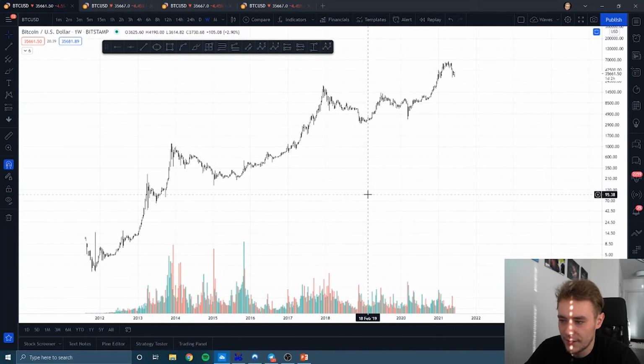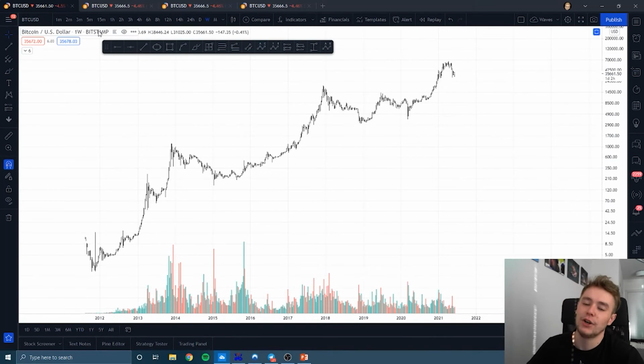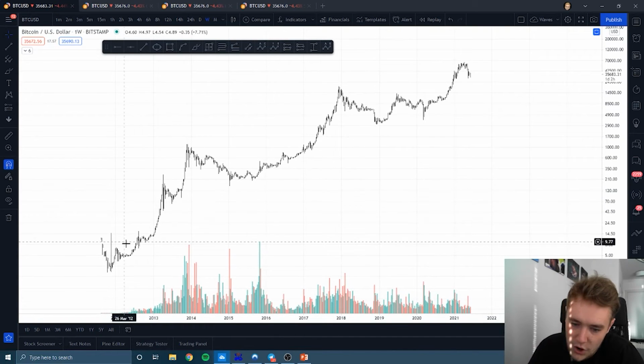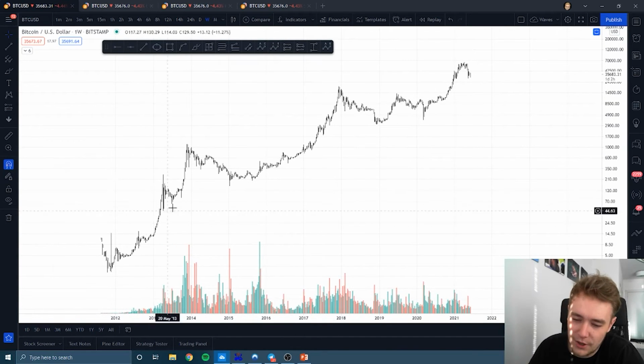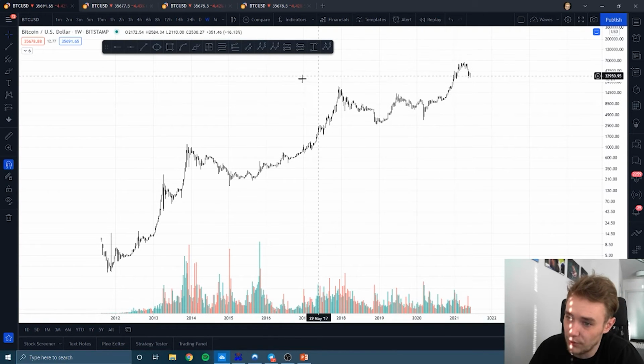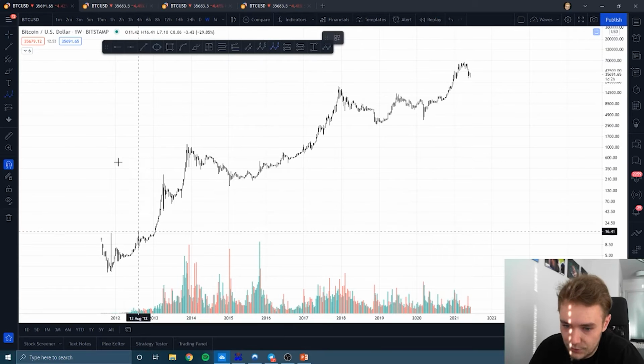So we're going to hop into the Bitstamp chart, just because it does have the most history on TradingView. And before even doing any wave counting or fitting any Fibonacci to the chart, what do we notice? We notice one parabolic leg, maybe not parabolic, I'll call this a bull market. We have one bull run, two bull runs, three bull runs, right? So what does that already tell us without fitting anything?